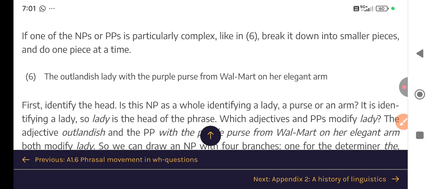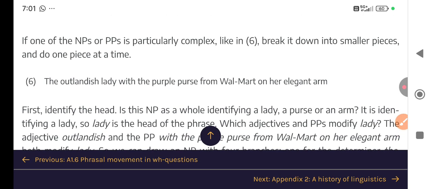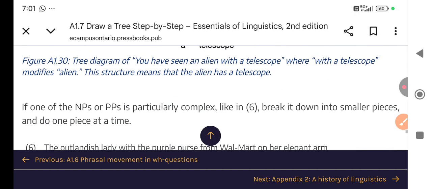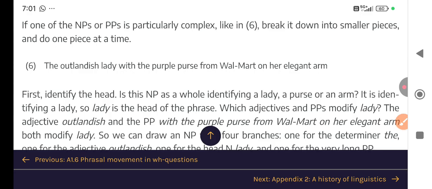Now, if one of the noun phrases or prepositional phrases is particularly complex, like in sentence 6, break it down into smaller pieces and do one piece at a time. For example: the outlandish lady with a purple purse from Walmart on her elegant arm.